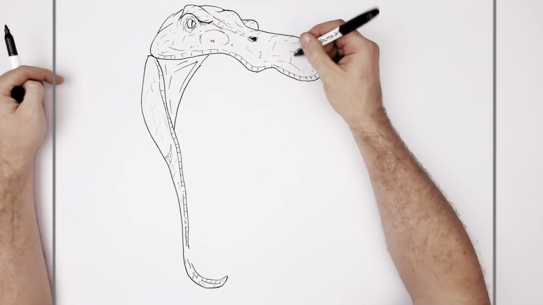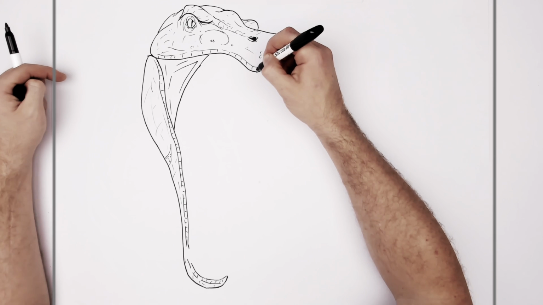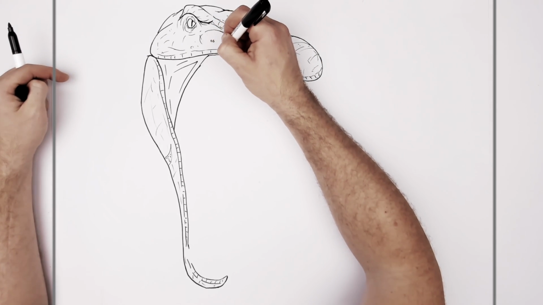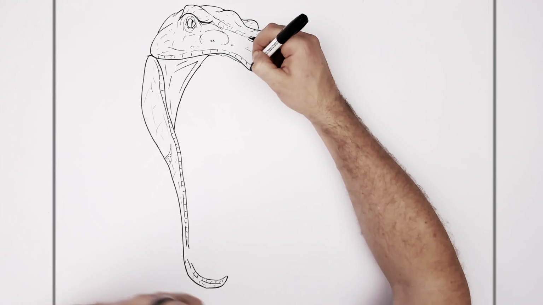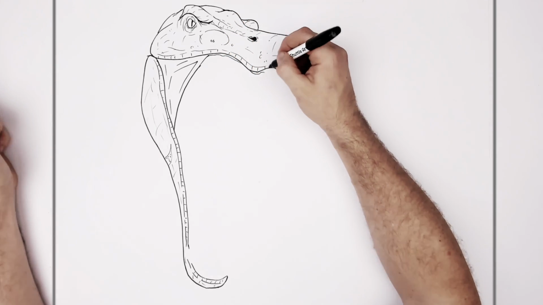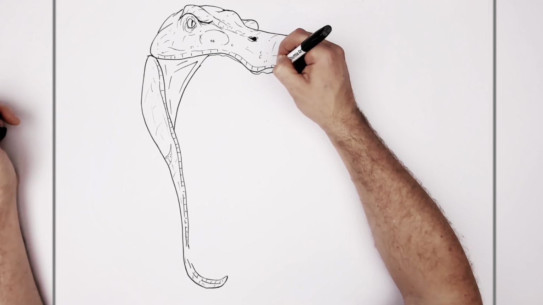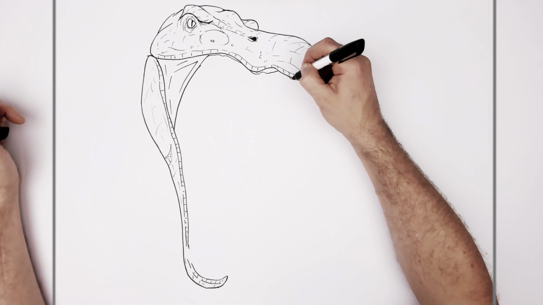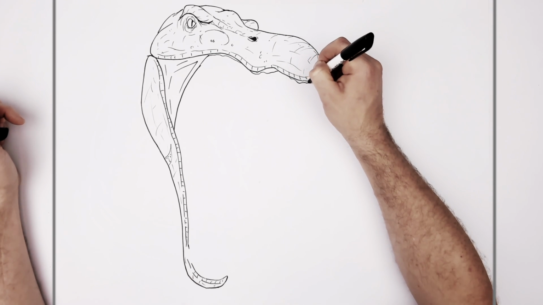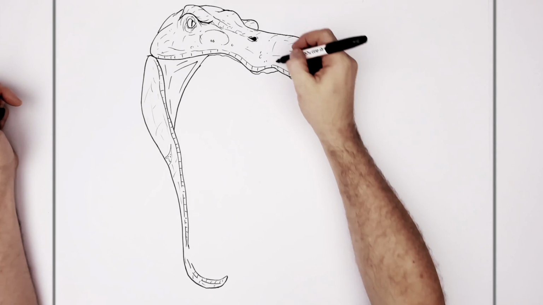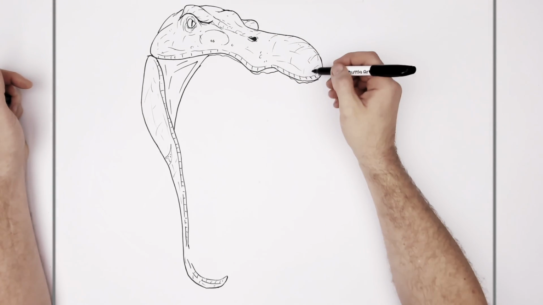So, okay, we can see a bit of his gum line, I think. So like a bumpy sort of gum here, kind of like Godzilla, if you've ever drawn any of that stuff on this channel. It's like a bit of his gum. So these teeth at the top are fairly big.